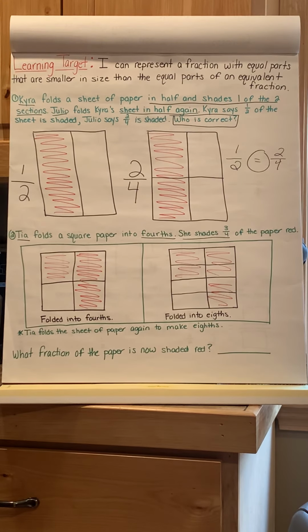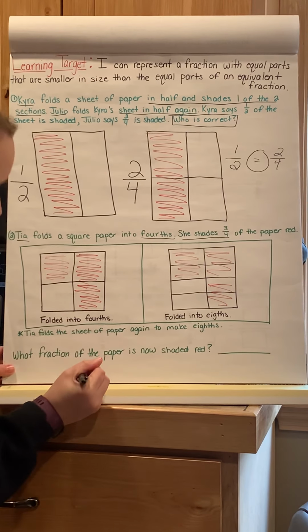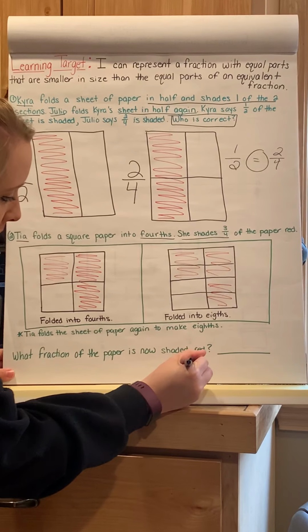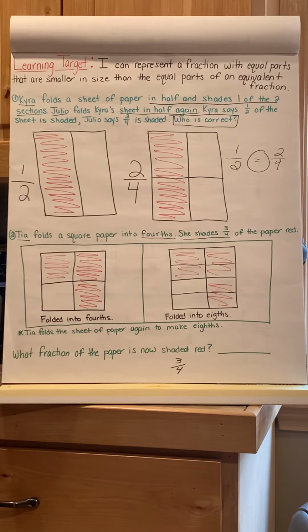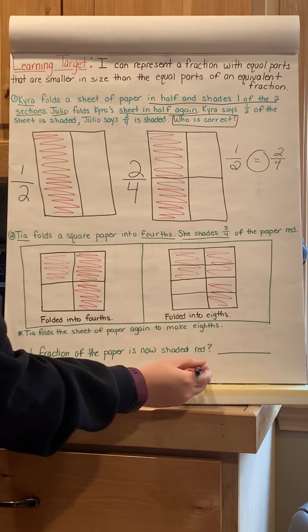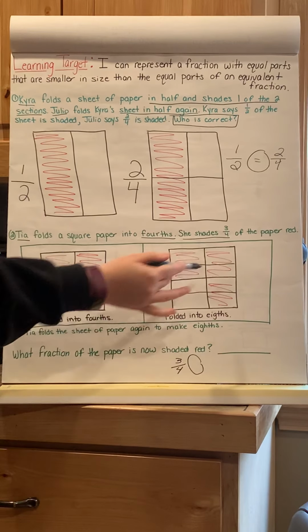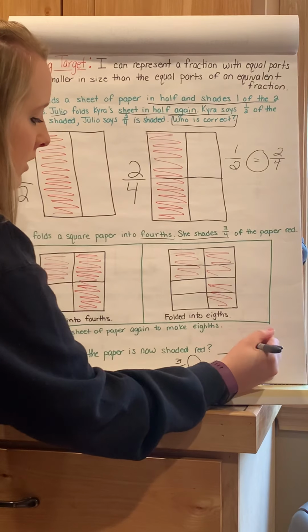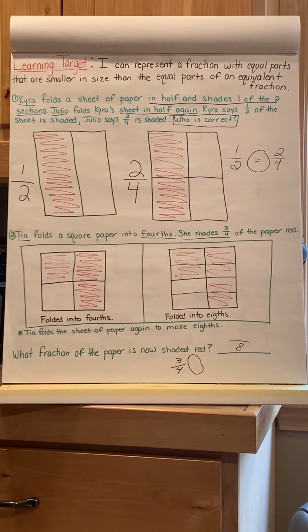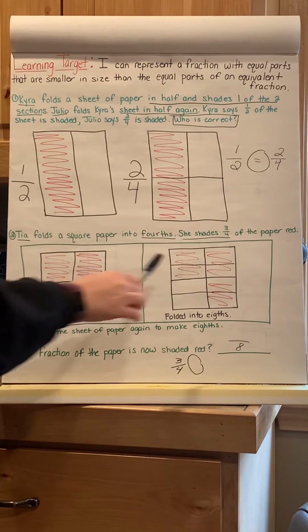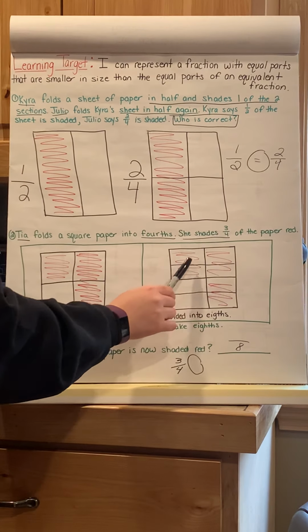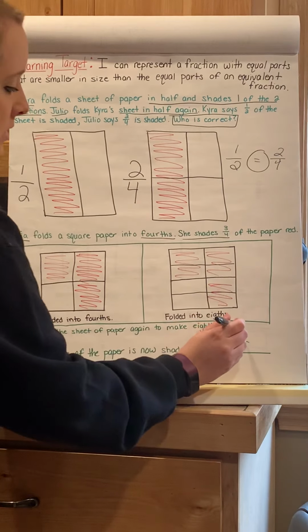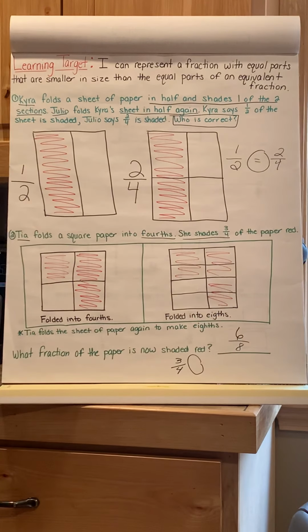What fraction of the paper is now shaded red? So first, she had 3/4. Then she decided to split it or fold it again into eighths. So I know my denominator is going to be 8, but I need to know how many parts were shaded red. 1, 2, 3, 4, 5, 6. 6 eighths.